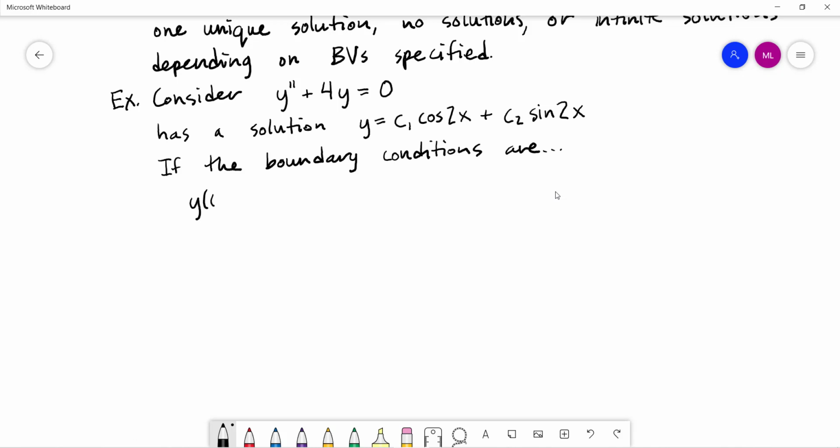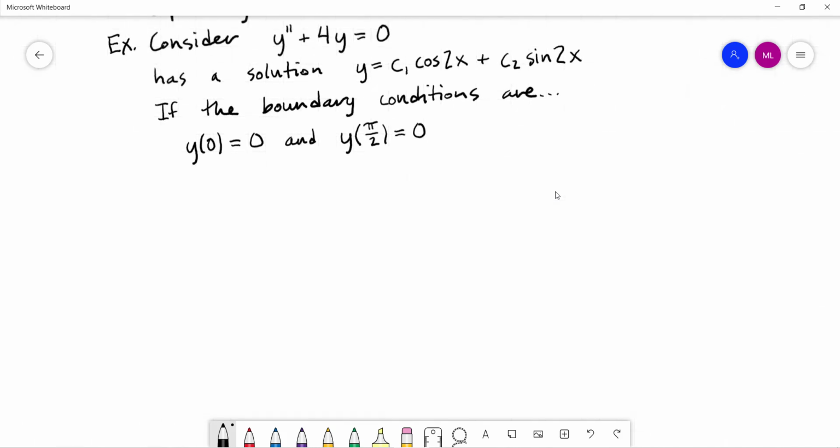So what if I say that y of 0 is equal to 0 and y of maybe pi over 2 is equal to 0? And what if I come up with another set? So let me write a few different sets down, and we'll think about what each of these might look like. The next one, I'll say that y of 0 is 0, and maybe y of a different point, pi over 4, is equal to 1.